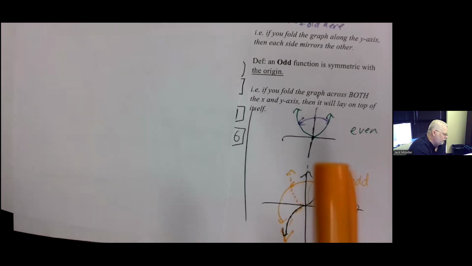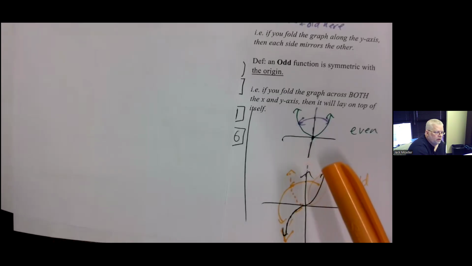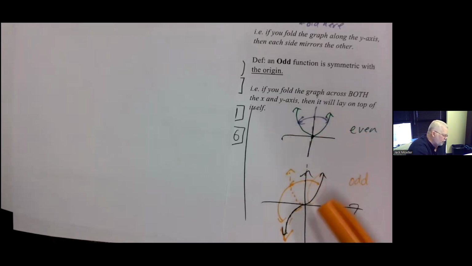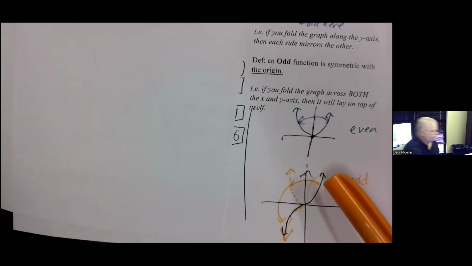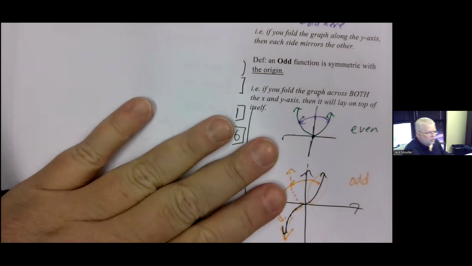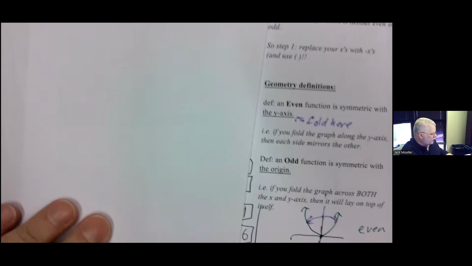They're not as messy as ones that, if you fold them, don't lie on themselves. Those are neither even nor odd, and they're just messier functions to deal with when we're doing a lot of things in calculus. So that's the geometry definition. I think that's the one that makes a little bit more sense, especially if you're a visual learner, but we also need an algebra definition.